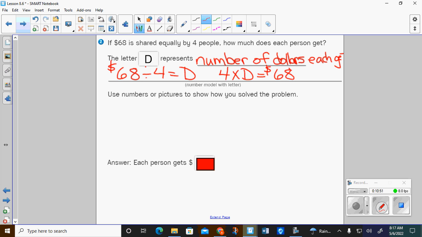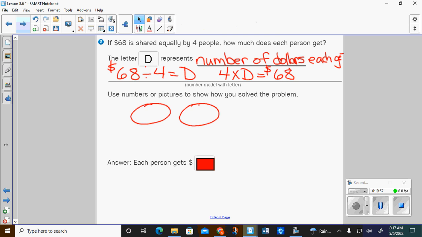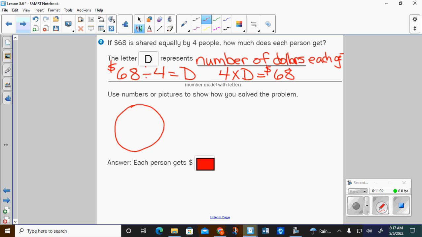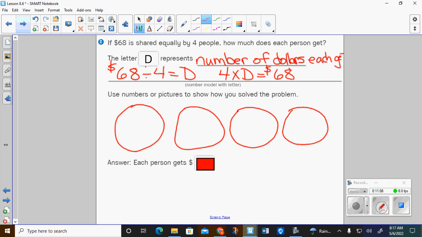So I could do it pretty much the same way I did before. I have 4. I'm going to go ahead and make that a little bit bigger. Okay, and I know that each person can get a $10 bill. So I don't have to start counting by just one.